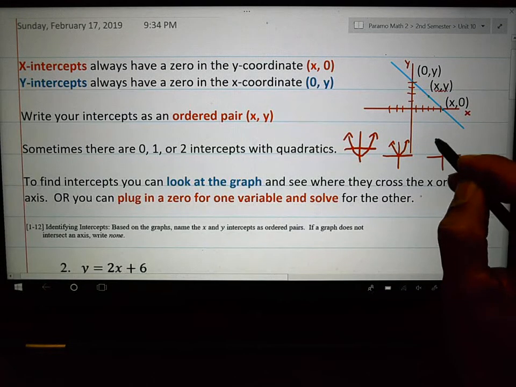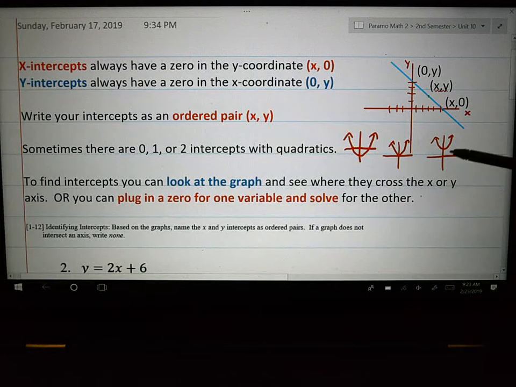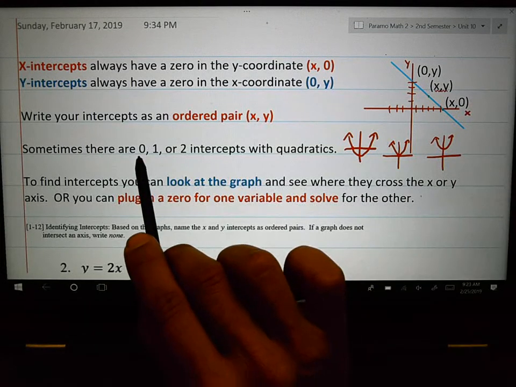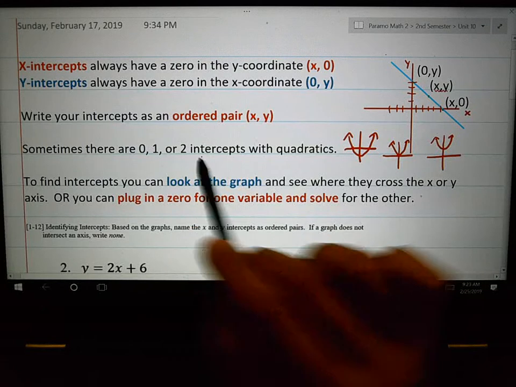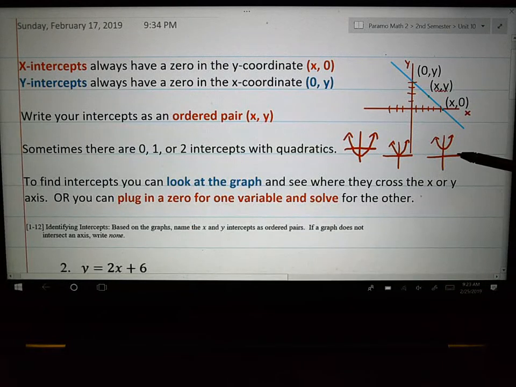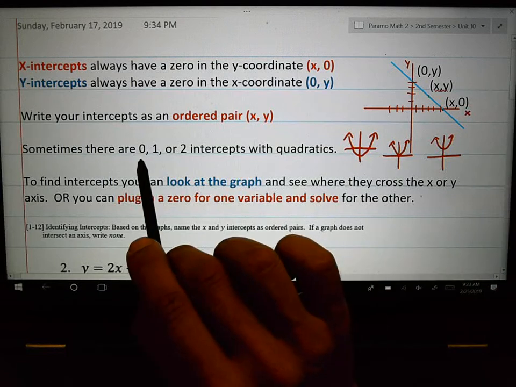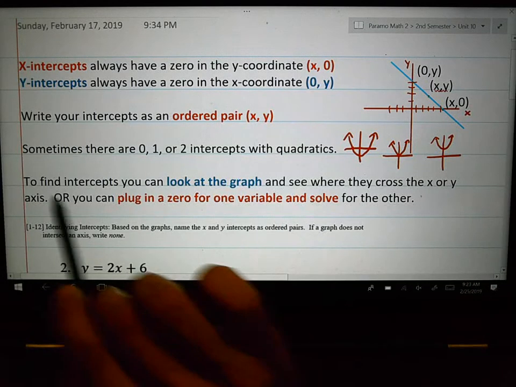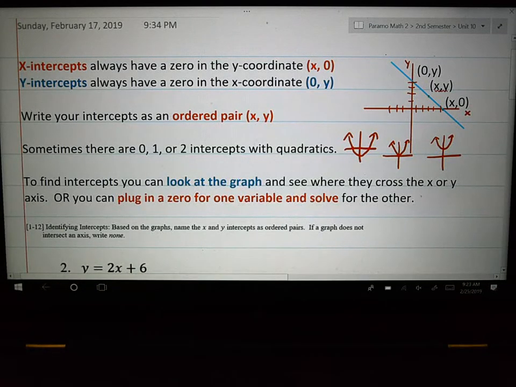Or sometimes the ones that students always get confused on, Mr. Paramo, doesn't touch the X-axis? I know. There are 0 X-intercepts on the last graph that I gave you as an example. So don't freak out. If it is above the X-axis, there is the possibility that it has 0 X-intercepts. Keep that in mind.